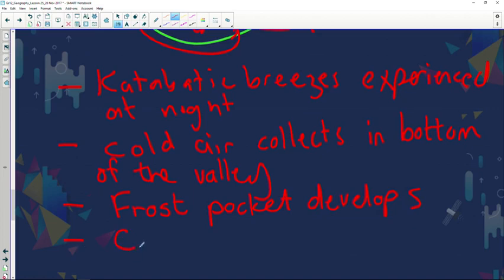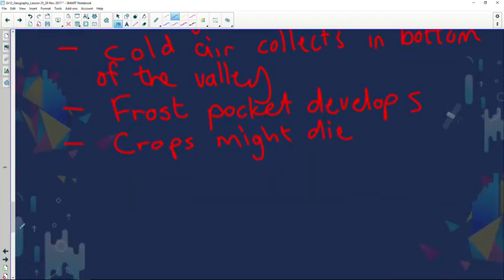Crops might die because they might not be frost resistant, and they might experience radiation fog, which is another reason.